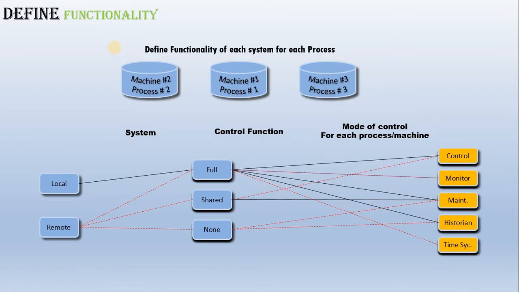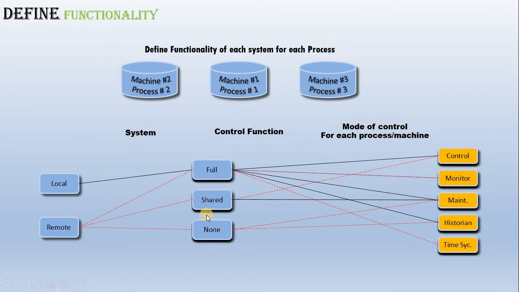If you have a barge or a dredge or a piece of equipment, they want it to be under control from local or remote, or local and remote, or you can share some of the control and allow the local to do a lot of things and prevent the remote from doing some stuff. So this is for control function.